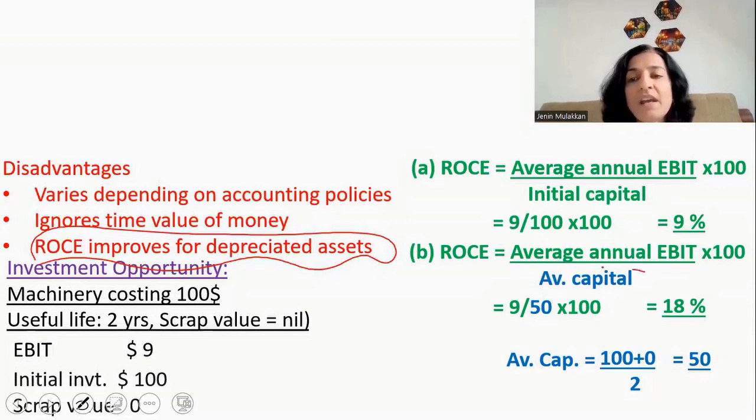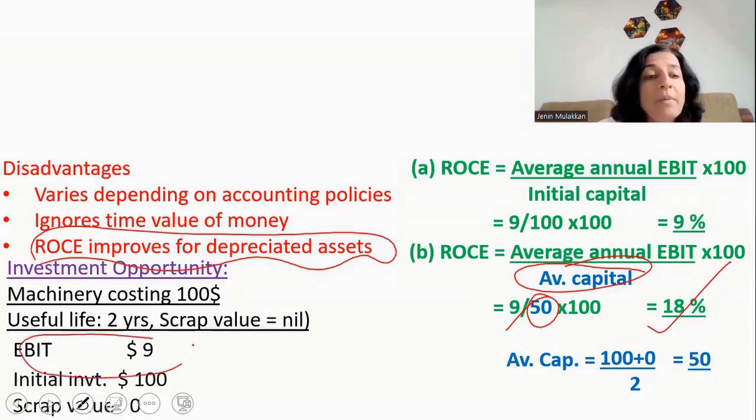This is what we have seen. When we adopted the average capital, immediately the return on capital jumped to 18% without any increase in the return. It is just because a reduced denominator had been taken because of the impact of depreciation that we got an increased return percentage, not because the EBIT had actually increased.